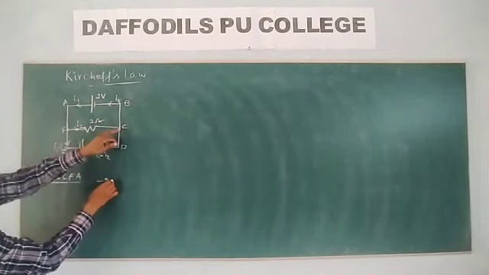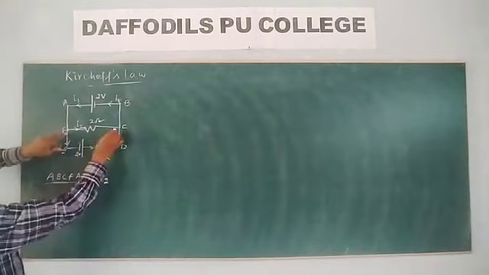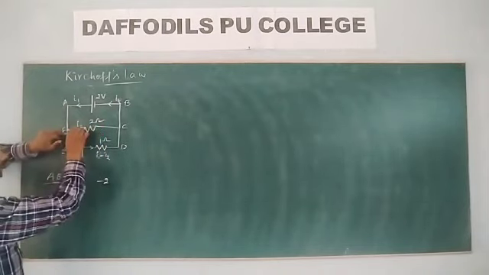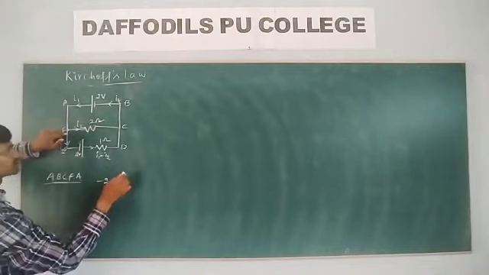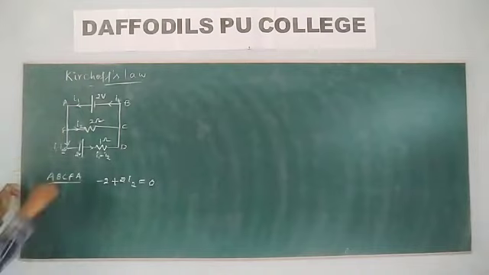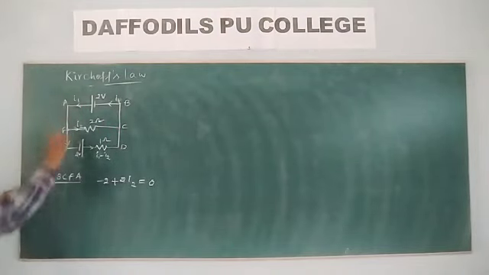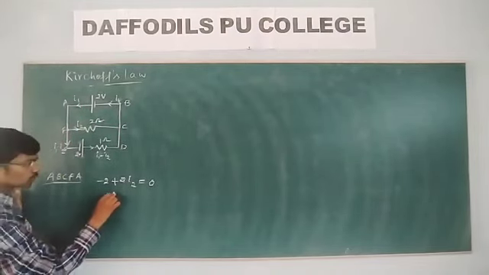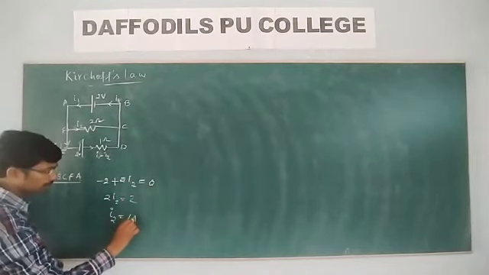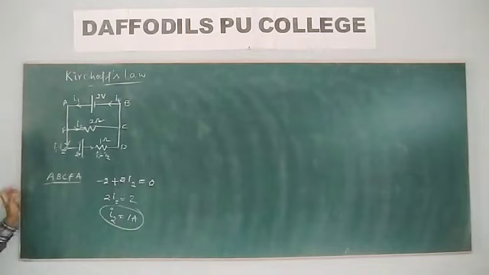Then B to C nothing is there, and C to F: 2 I1 minus, and 2 into I2, opposite direction, so plus 2 I2, is equal to 0 for the loop A, B, C, F, A. So what do you have here? 2 I1 is equal to what? You have 1 ampere. I1 is equal to 1 ampere.